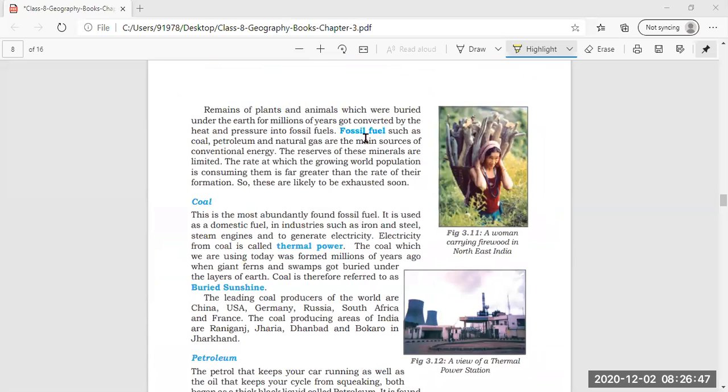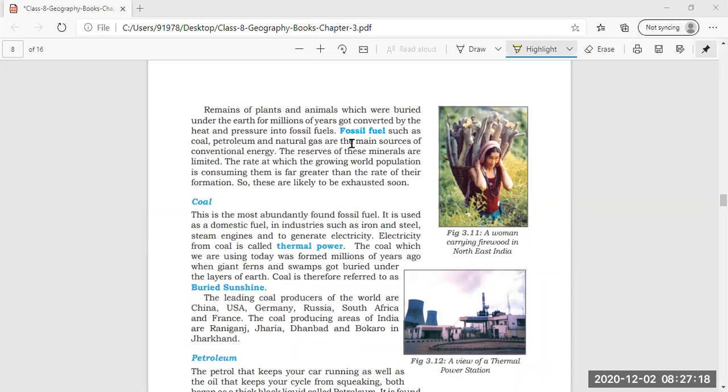Now, remains of the plants and animals which are buried under the earth for millions of years got converted by the heat and pressure into fossil fuels. So, whatever remains of plants and animals are buried deep under the earth, they are present there for millions and millions of years, and they get converted by the heat and pressure into fossil fuels.